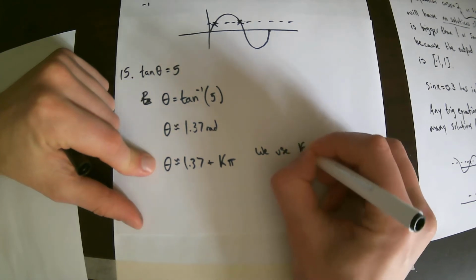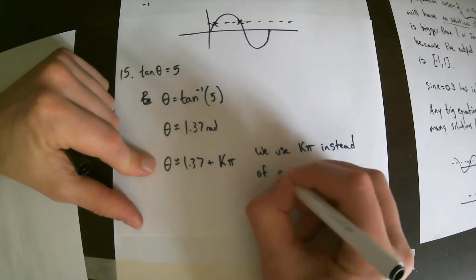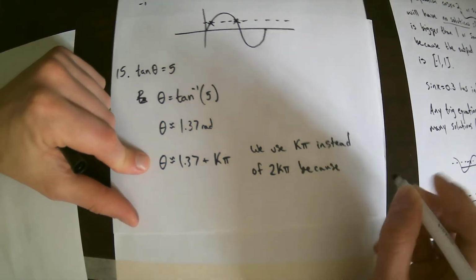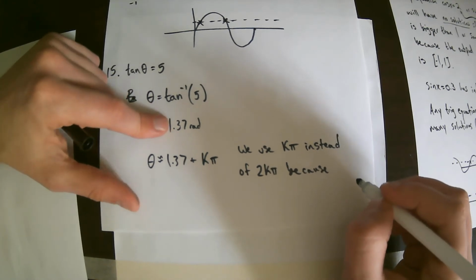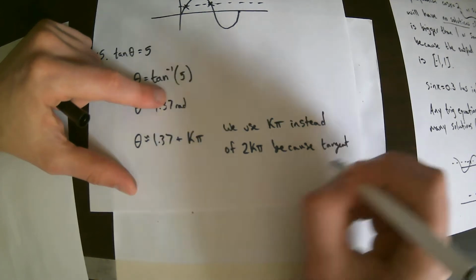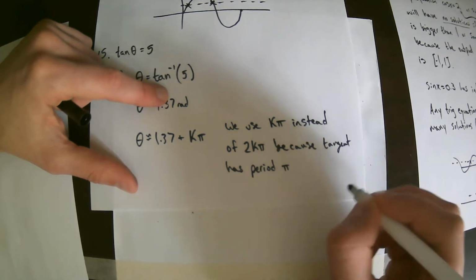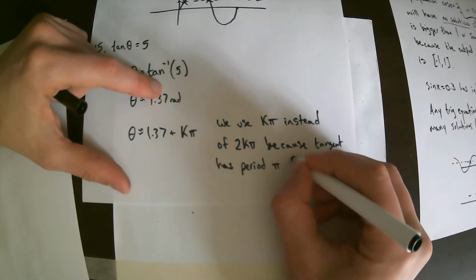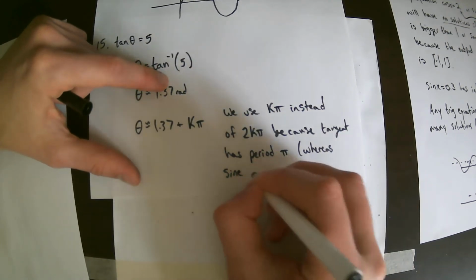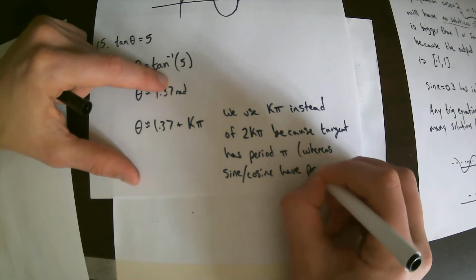And likewise here, I need to add k pi, and we use k pi instead of 2k pi because tangent has period pi, whereas sine and cosine have period 2 pi.